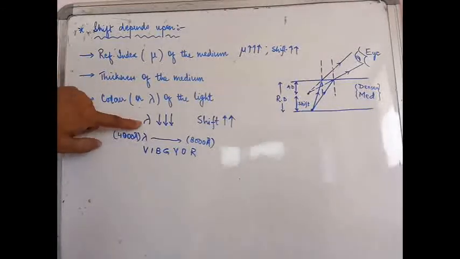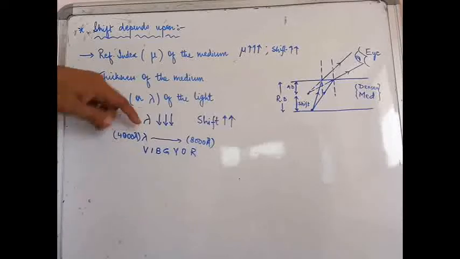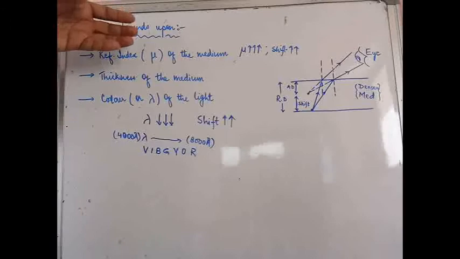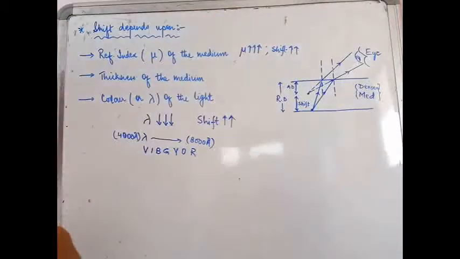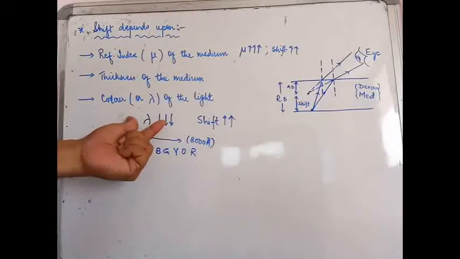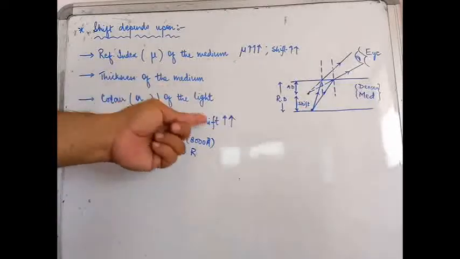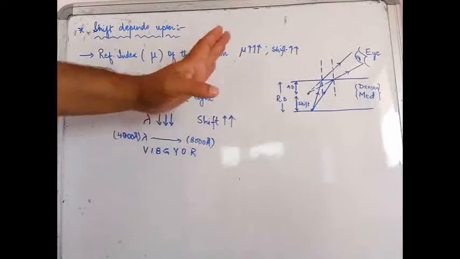Lambda is the symbol for wavelength, so the lower the value of wavelength, the more will be the refractive index, and we have seen that more refractive index means more shift. So lambda, or the color or wavelength of the light, is inversely related to the shift. Lesser the wavelength, more the shift.